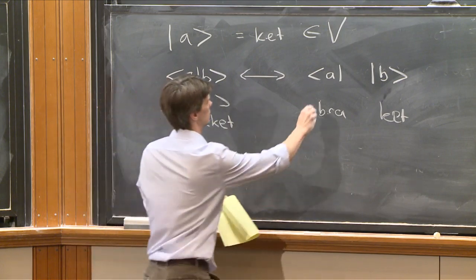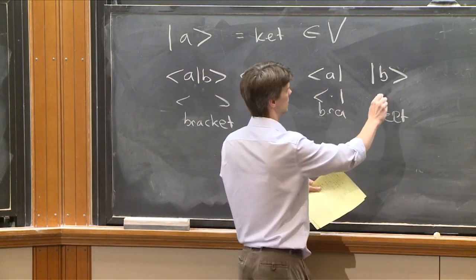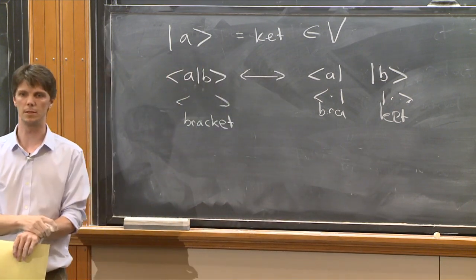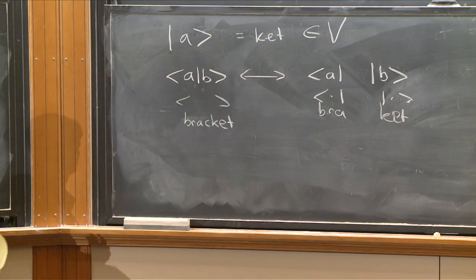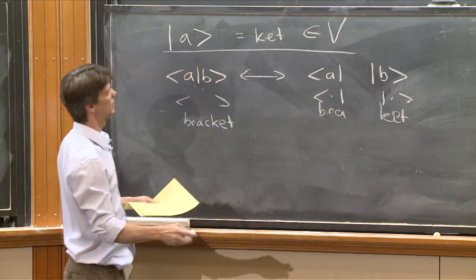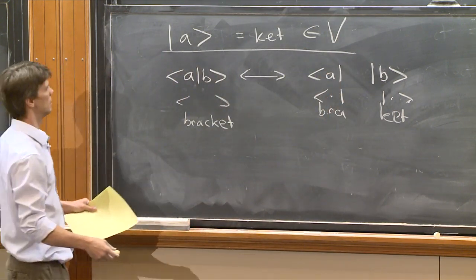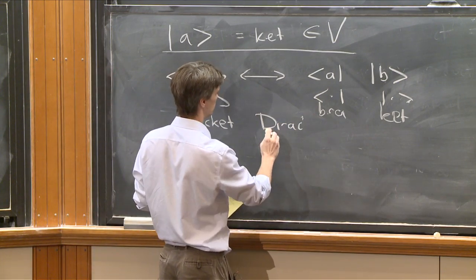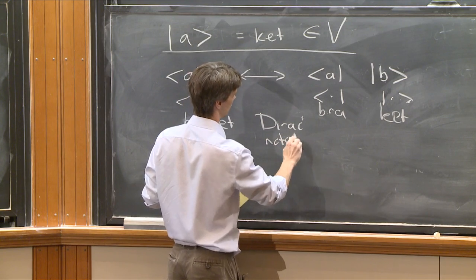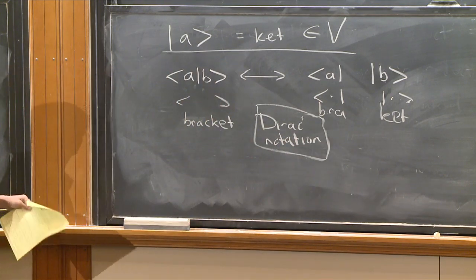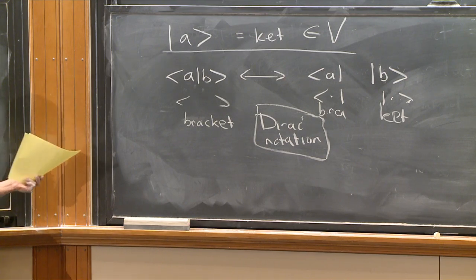The things inside these you should think of as just labeling them. This is Dirac notation. Okay, so we already know these kets are things that live in the vector space.